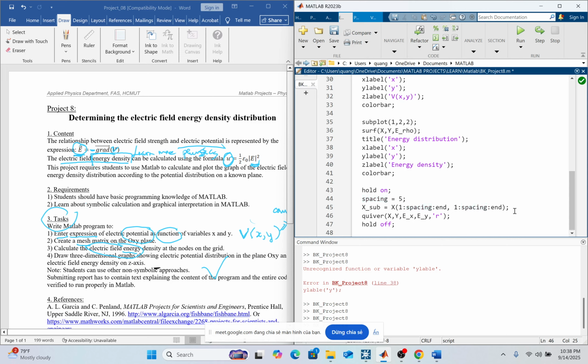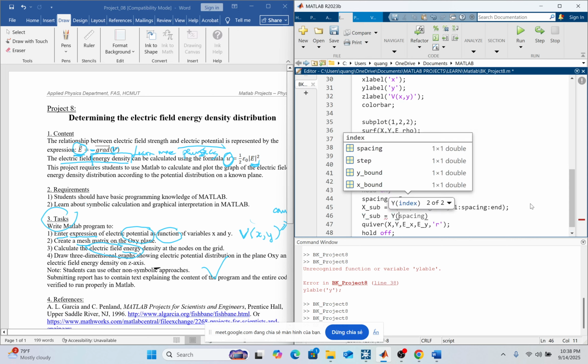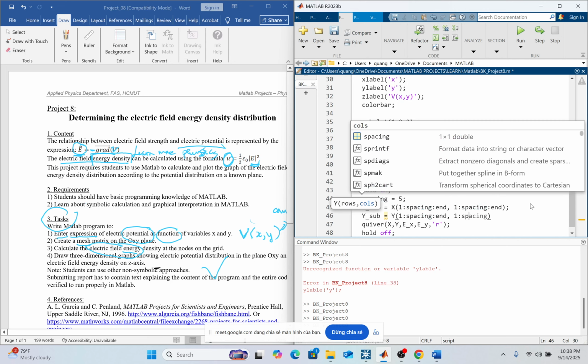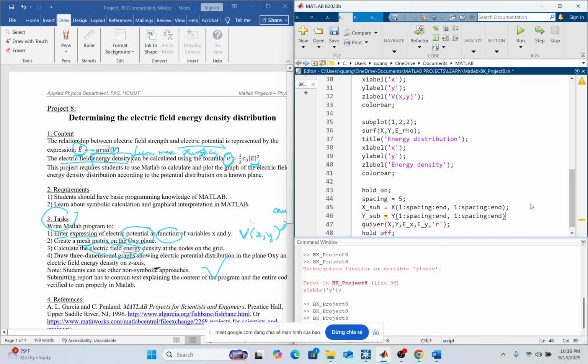Okay. And why do I have to use 2 parameters here? Because the x is basically a matrix, and it stores 2D values. So I will have to define the domain that I would like to use in the x values and the y values too. And then I can use y sub, the y value, with the same spacing to the end, and 1 to spacing to the end.